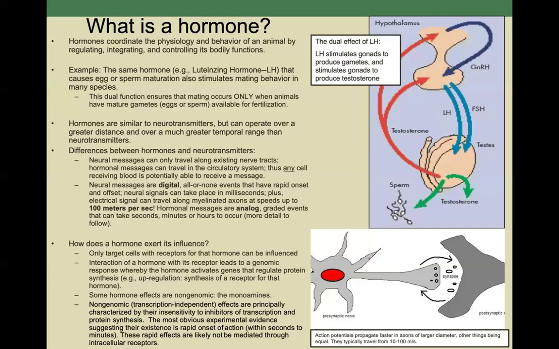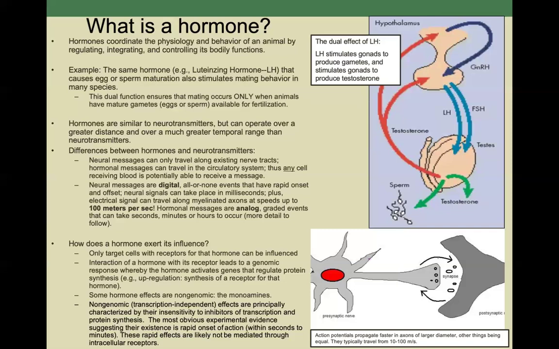And this often occurs along nerve tracts, especially in the peripheral nervous system. By contrast, hormones are released into the blood where they can act on target cells throughout the entire body.